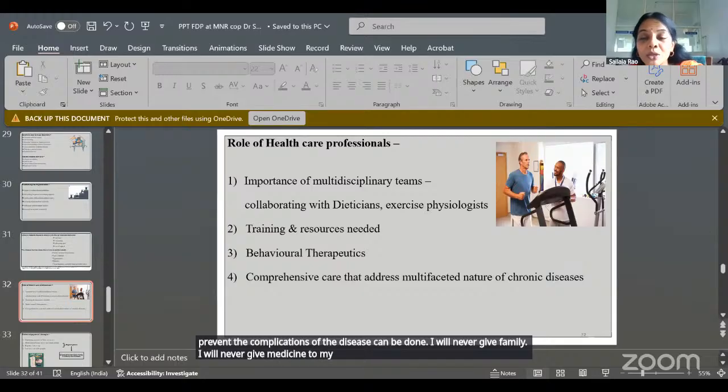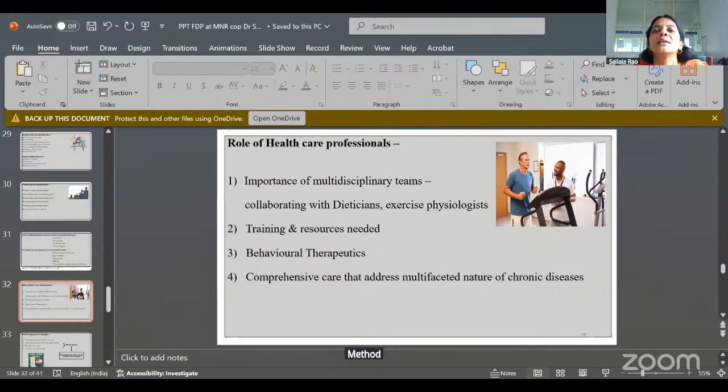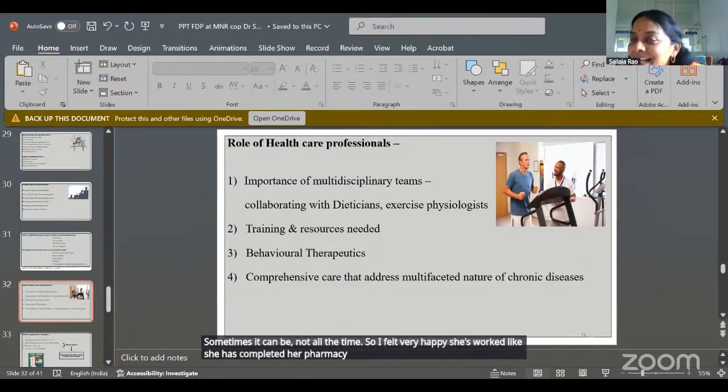I will ask them to employ some methods so that the UTI can subside. Sometimes it can, not all the time. So I felt very happy, like she's worth it, she has completed her course and then she's into academics, and such things happen. Such awareness is needed everywhere.